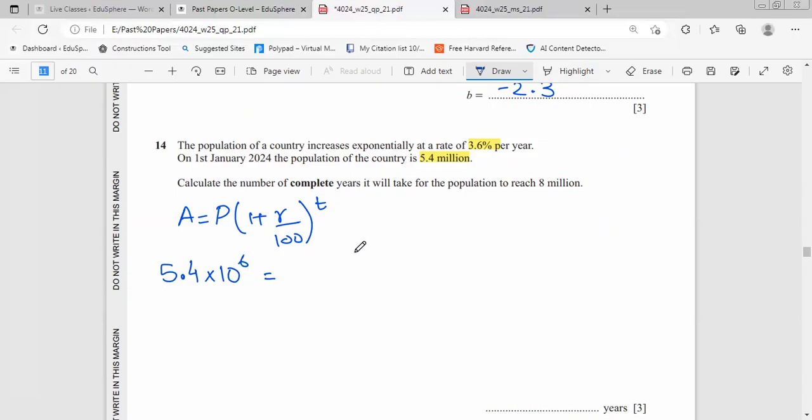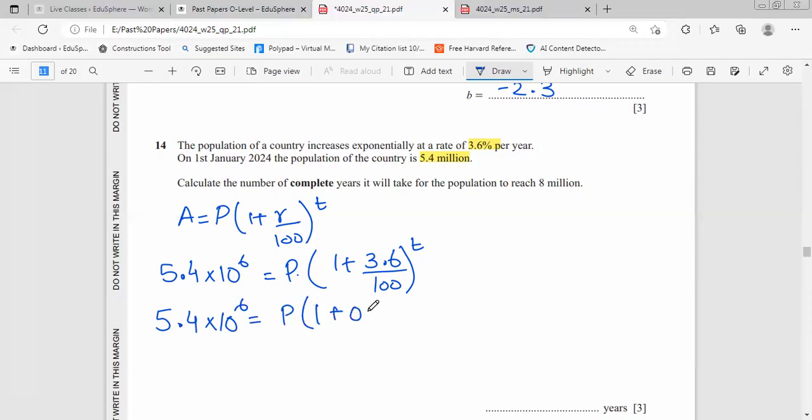So we will write P as it is, times 1 plus the 3.6% rate divided by 100, to the power t.